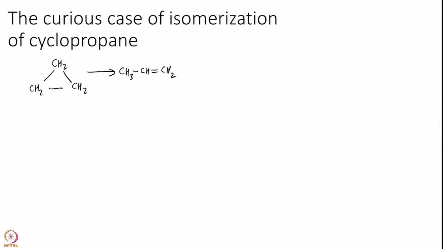One fact that let me tell you, this is unimolecular. There is no other molecule that this cyclopropane is interacting with to give propene. It is isomerizing on its own. So, that is experimental fact number 1.